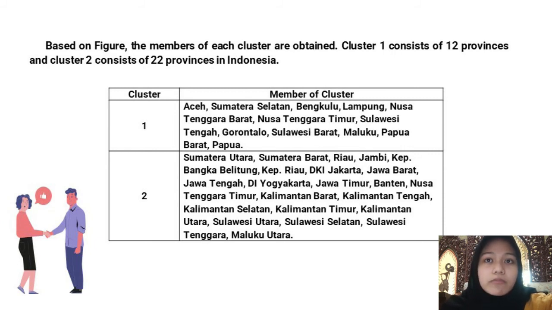The members of cluster 2 are Sumatera Utara, Sumatera Barat, Riau, Jambi, Kepulauan Bangka Belitung, Kepulauan Riau, DKI Jakarta, Jawa Barat, Jawa Tengah, DI Yogyakarta, Jawa Timur, Banten, Nusa Tenggara Timur, Kalimantan Barat, Kalimantan Tengah, Kalimantan Selatan, Kalimantan Timur, Kalimantan Utara, Sulawesi Selatan, Sulawesi Tenggara, and Maluku Utara.